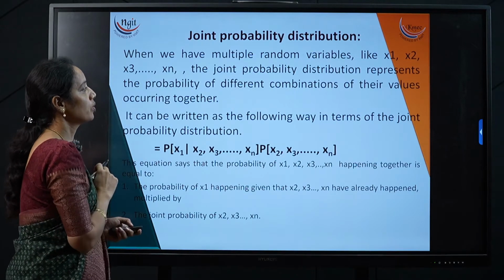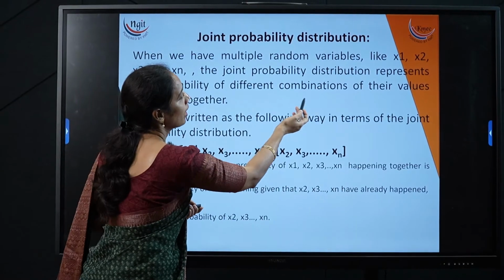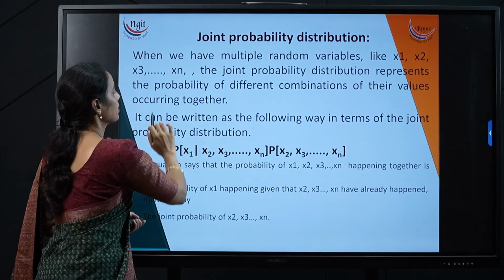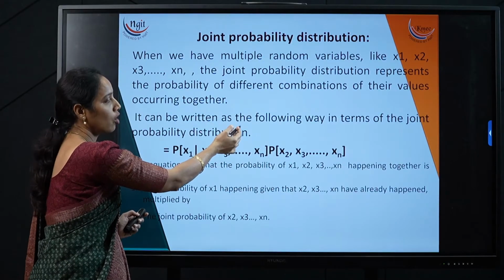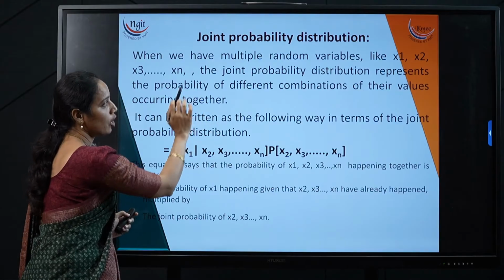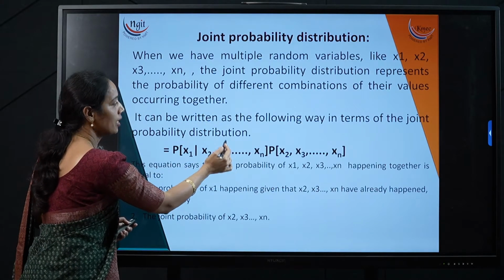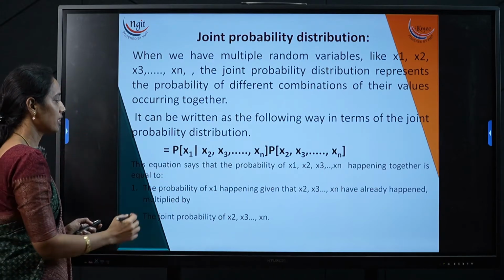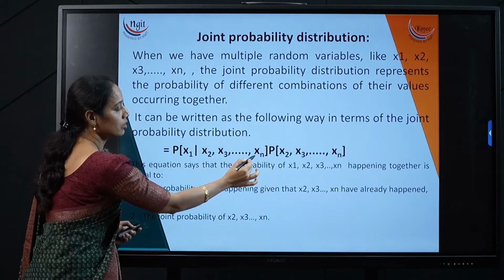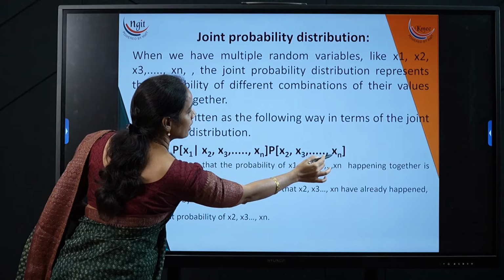See, joint probability distribution. When we have multiple random variables like x1, x2, up to xn, the joint probability distribution represents the probability of different combinations of their values occurring together. It can be written as the probability of x1 given x2, x3, and so on till xn, multiplied by the probability of x2, x3 till xn.